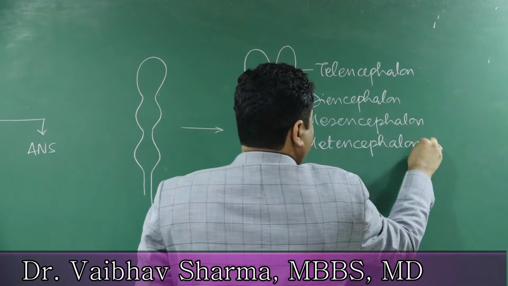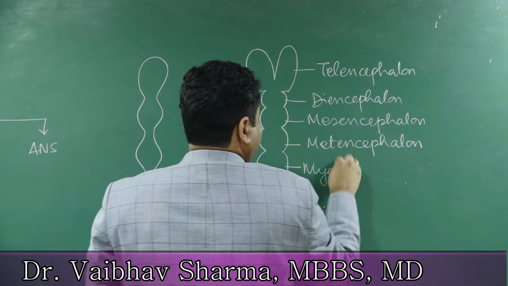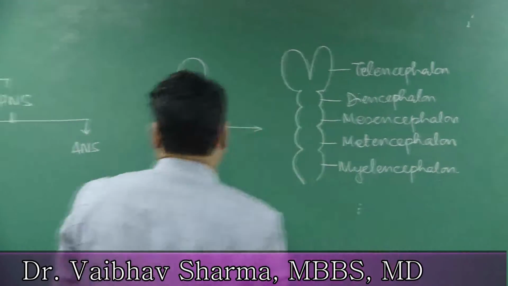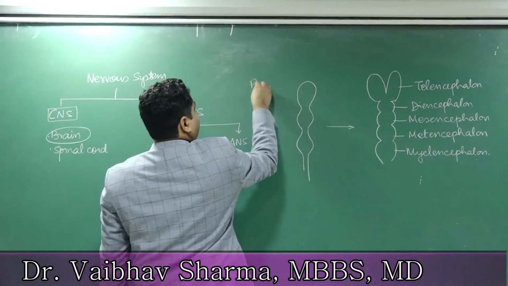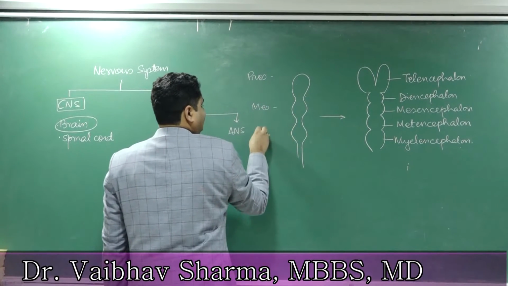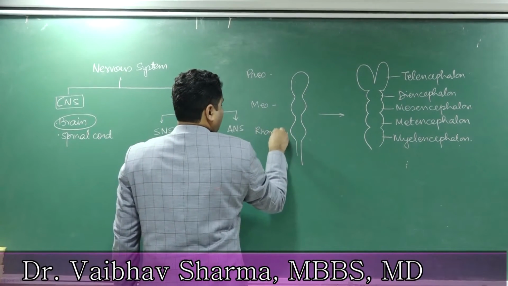Encephalon means brain, and this is myelencephalon. Here we started with, this is prosencephalon, this is mesencephalon, this is rhombencephalon.